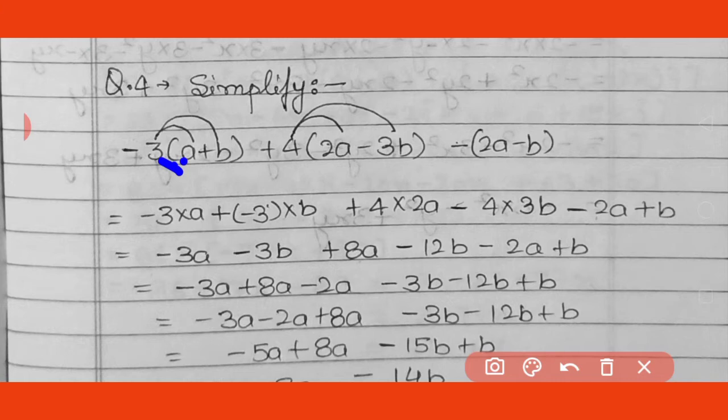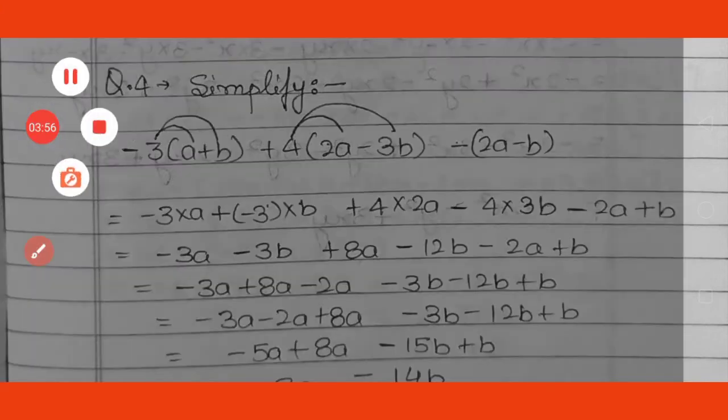Minus 3 in the bracket a plus b, as I have shown with arrows, the outside minus 3 will multiply with each term, a and b both, and here plus 4 in the second bracket 2a minus 3b, and minus, in the bracket 2a minus b.